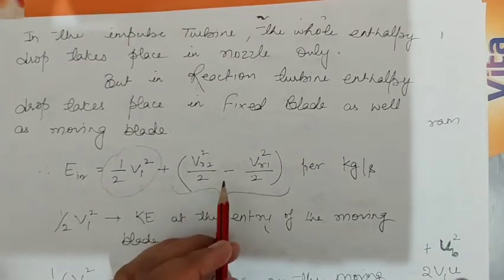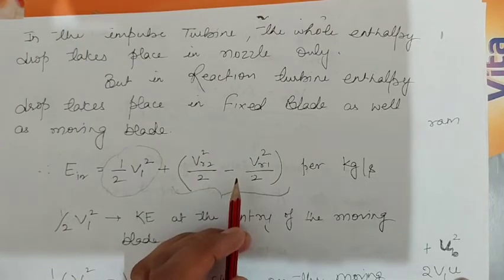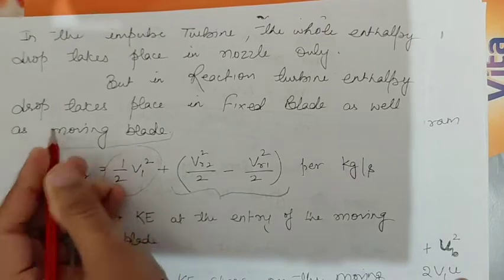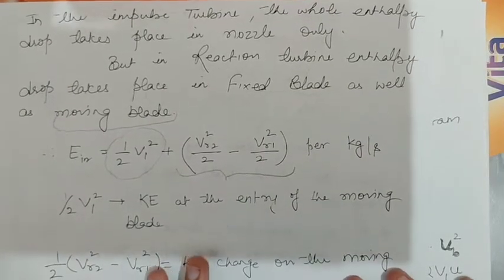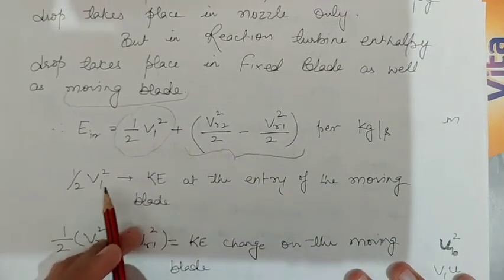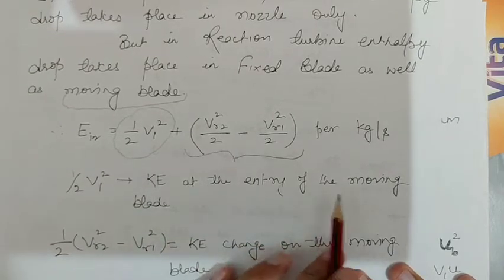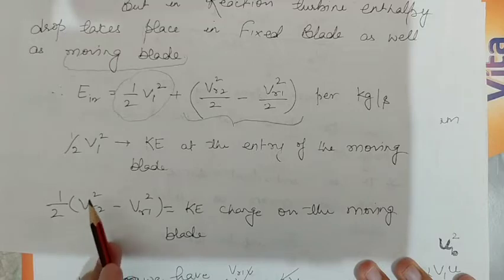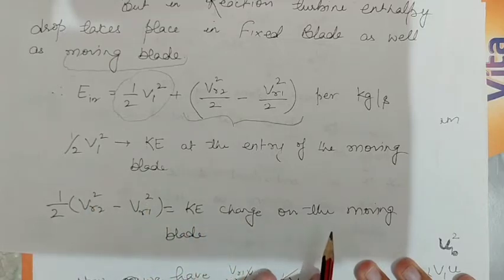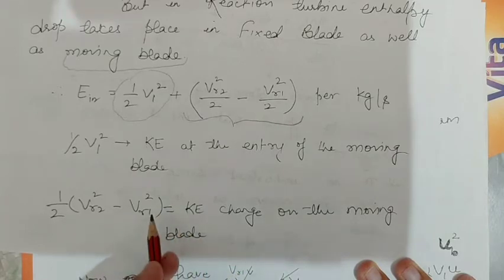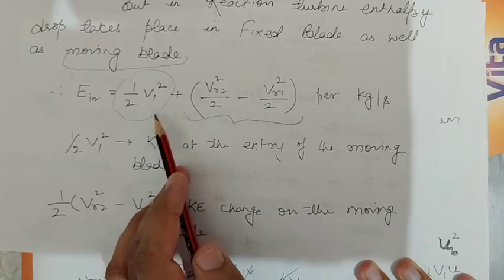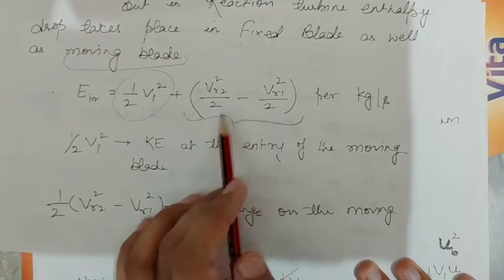This is the kinetic energy change available on the moving blade part. So half V1 square is the kinetic energy at the entry of the moving blade, and half VR2 square minus VR1 square is the kinetic energy change on the moving blade. So we consider both: the kinetic energy at the entry of the blade plus the kinetic energy change on the moving blade.